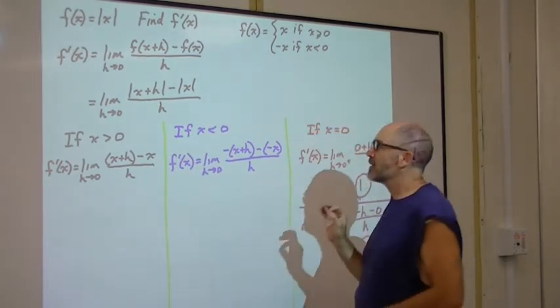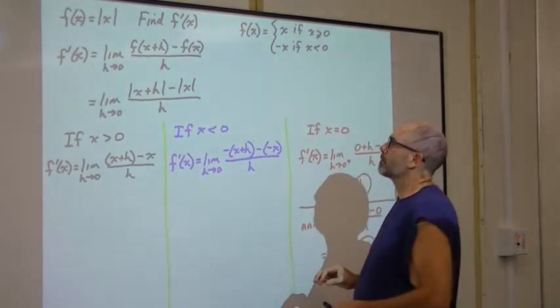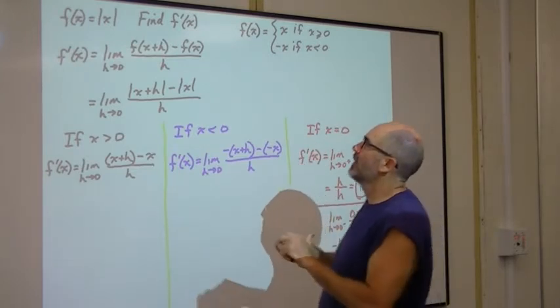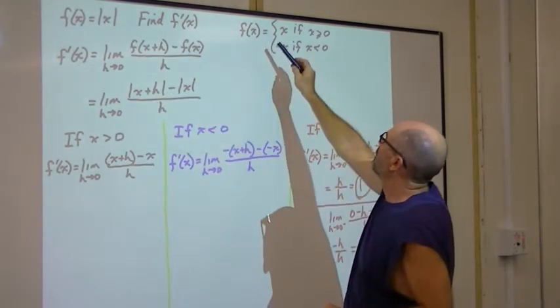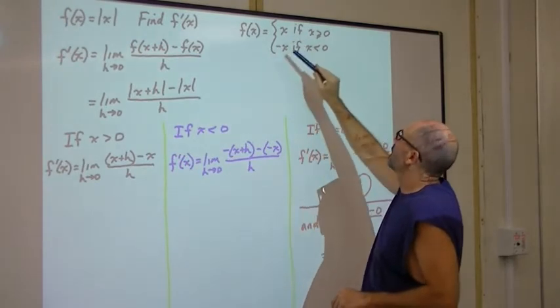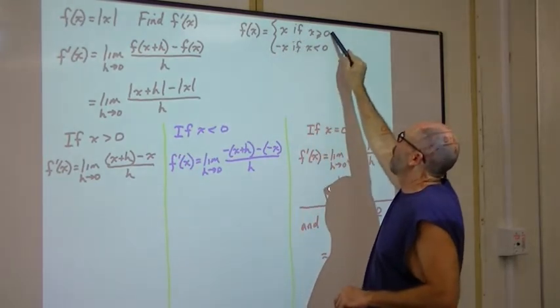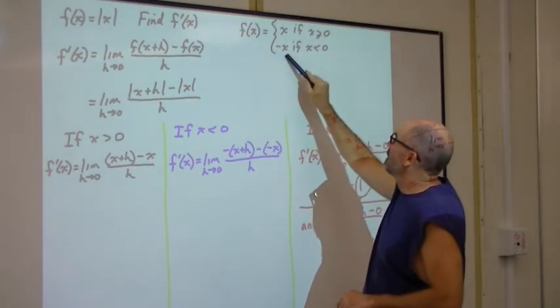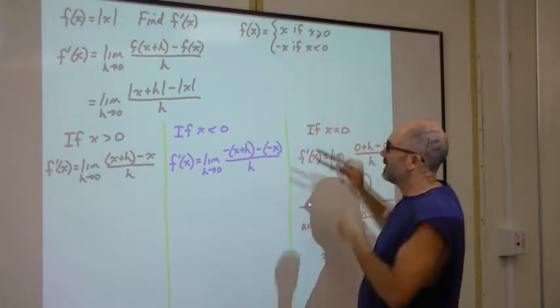Now, here's where the problem comes in. The function of the absolute value of x is really defined as x if x is greater than or equal to 0, and negative x if x is less than 0.